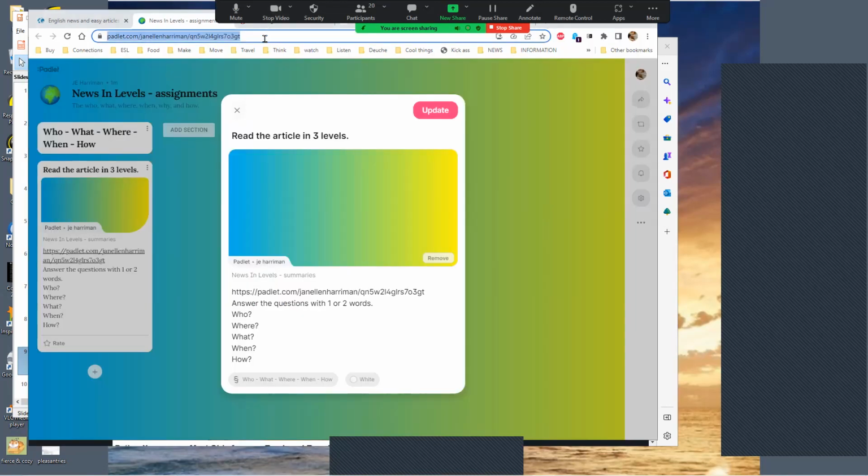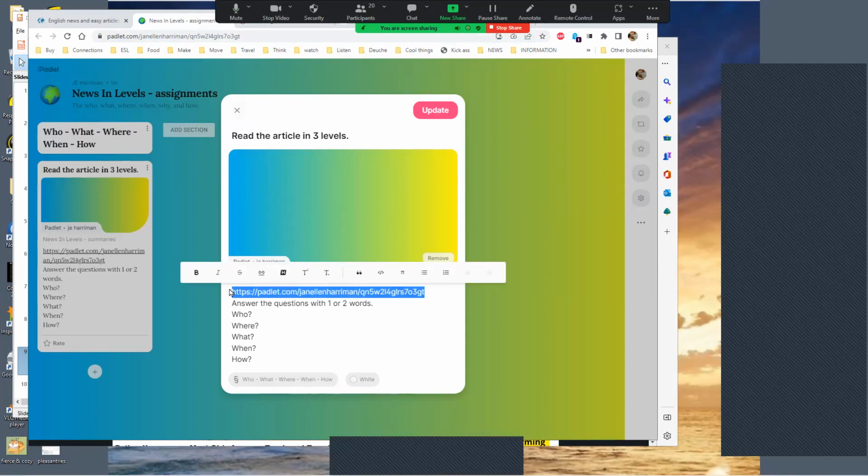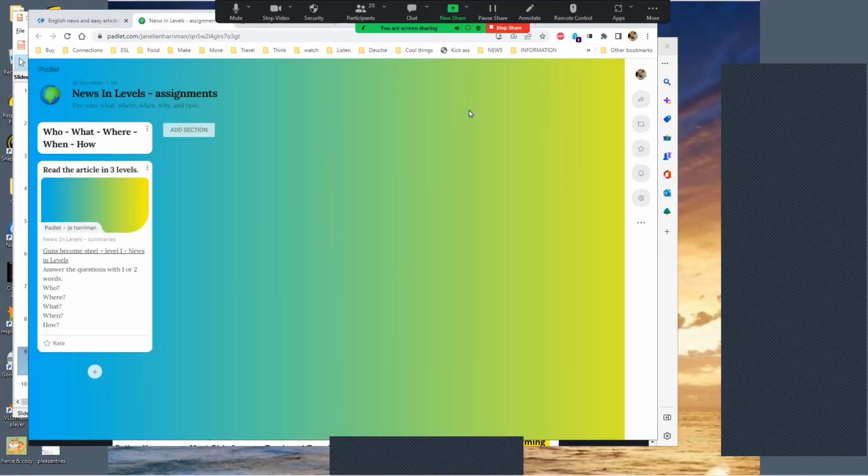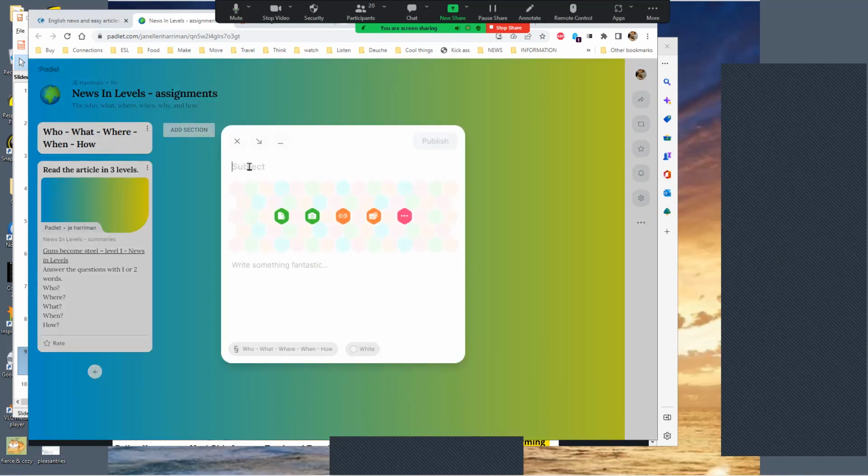So when you go to the Padlet, you'll be able to, there we go. You'll be able to go to the article that I've linked, and then underneath you can write your own answers to the questions that I've left.